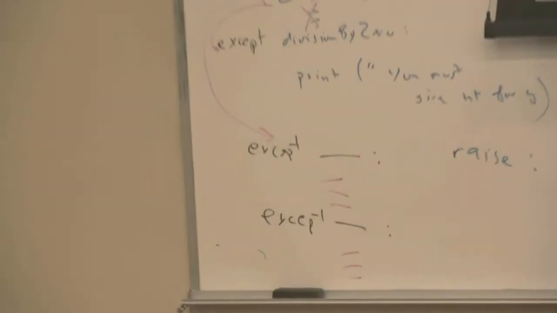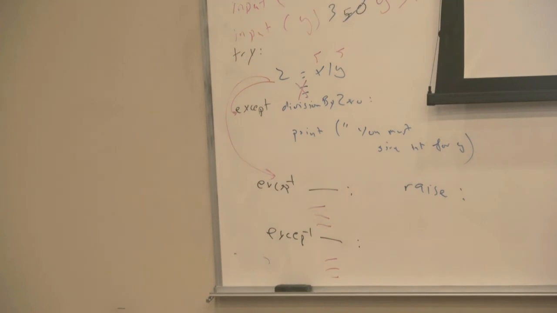So what we have learned so far: there are exceptions happening by the system. Once they happen, if you don't have try and except blocks, the program will crash, right? So always, critical code that could raise an exception you have to put in the try, and handle the exception in the except.